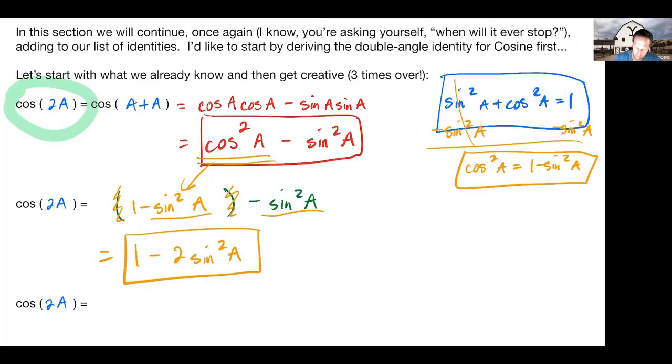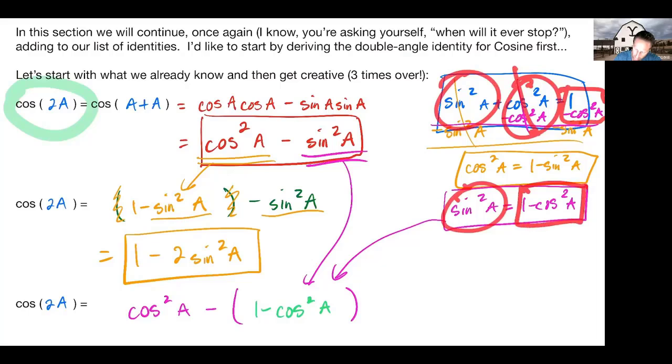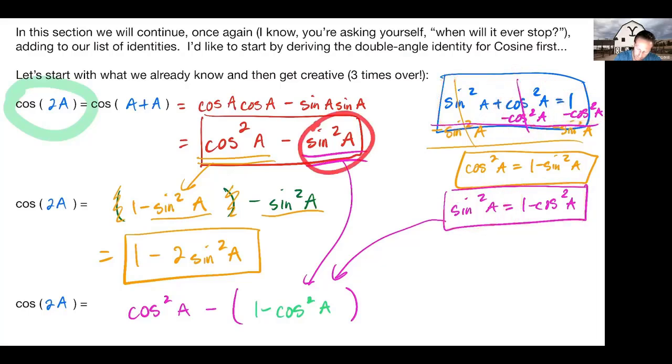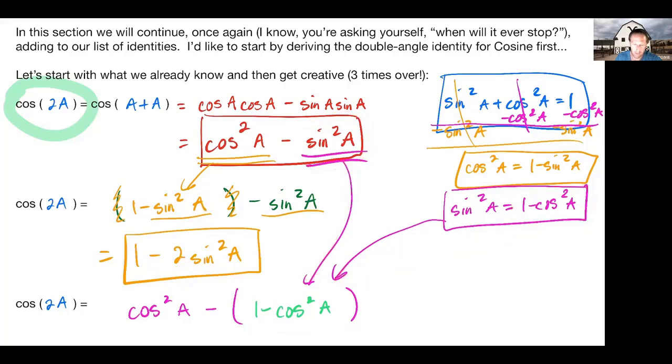Doing something similar for now, sine squared would give me, and so this one you got to be a little bit more careful on. Once I've taken and subtracted over the cosine squared this time, now I would have my sine squared all by itself, since this cancels out, and I'd have it equal to 1 minus cosine squared. So I'll take this, keep that the same, and now I'll replace that with what I know it's equivalent to, which is 1 minus cosine squared a.